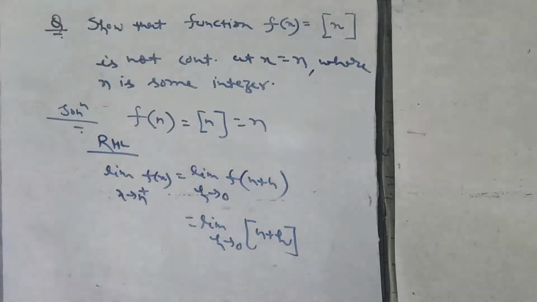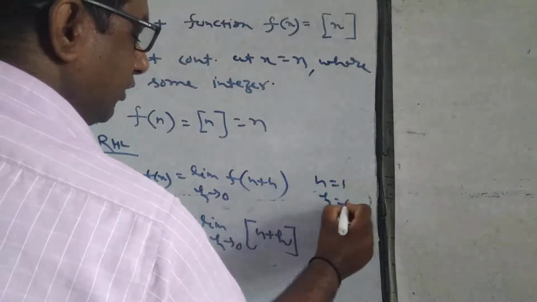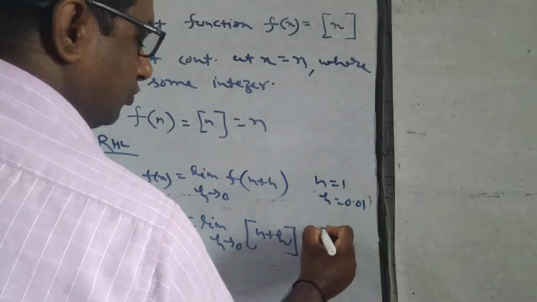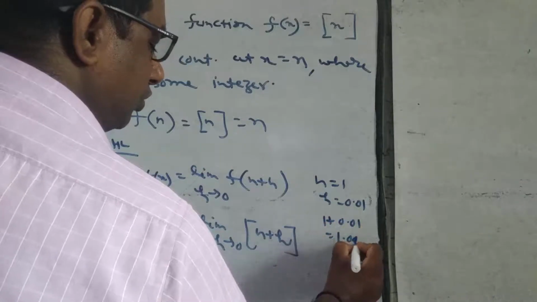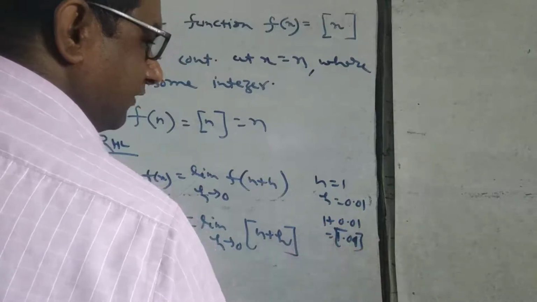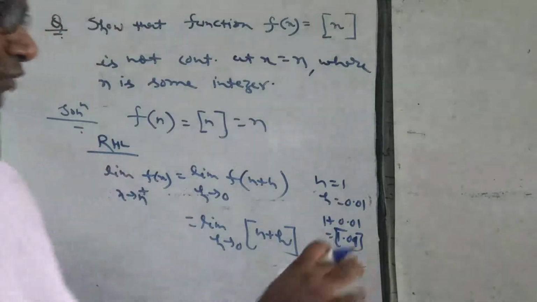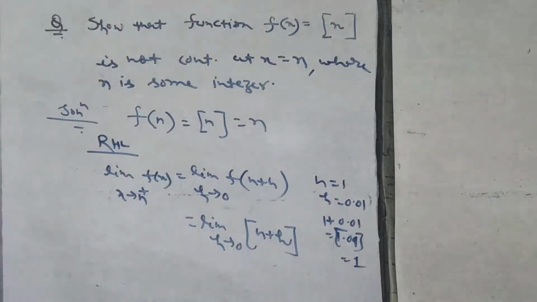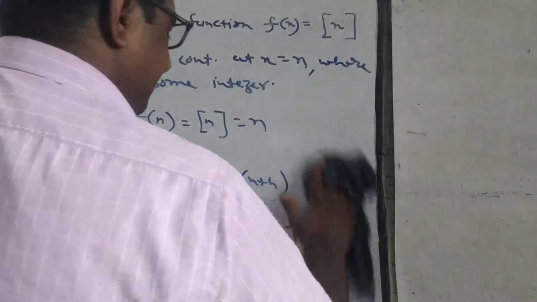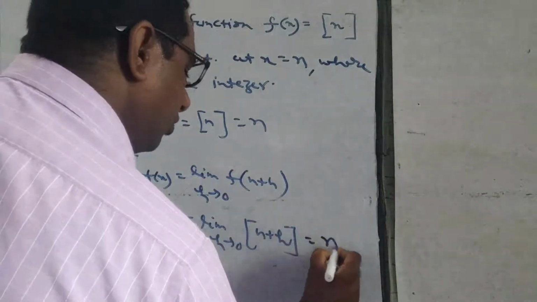Now since, like, n is equal to 1 and h is equal to 0.01, 1 plus 0.01 becomes 1.01. What is the value of the greatest integer? This is equal to 1, because it always gives the greatest integer less than or equal to the number. So here also n is an integer and we are adding some fractional value, so it is always going to be equal to n.